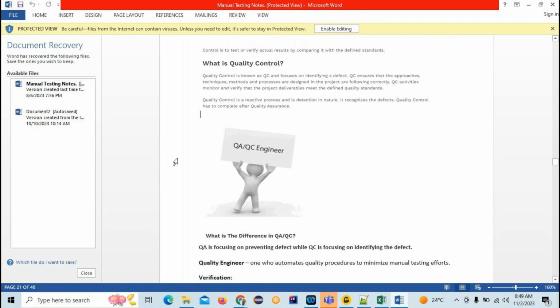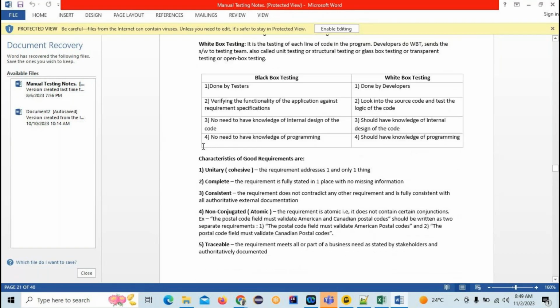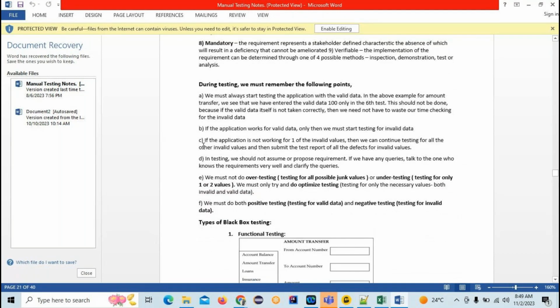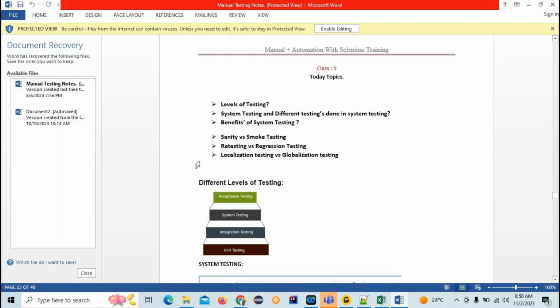Then what does it mean by quality engineer? Okay, can anyone tell the definition of engineer? Can anyone? About the engineer definition? No one? A generic definition.